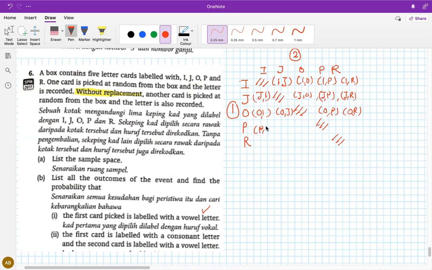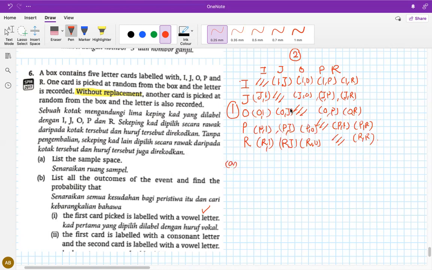Then PI, PJ, PO, PP, and PR. Okay. Then lastly, you have RI, RJ, RO, and RR. Okay, so you have to list down.